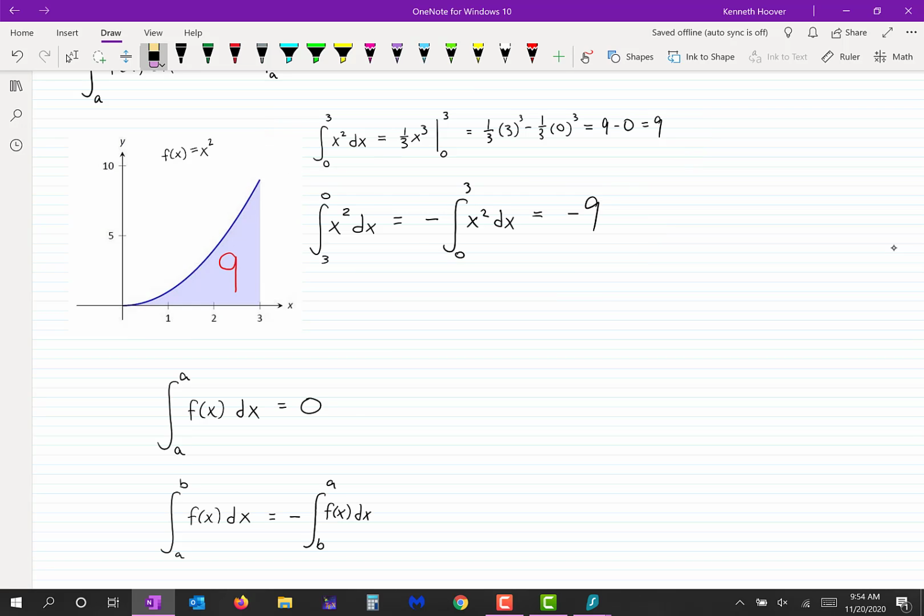In the picture, I would write 9 there, and I would just say that's positive 9 if you're looking in this direction, and it's negative 9 if you're looking in this direction. But I wouldn't write that, because that's going to be misleading.